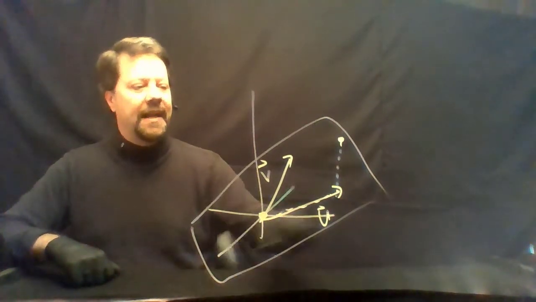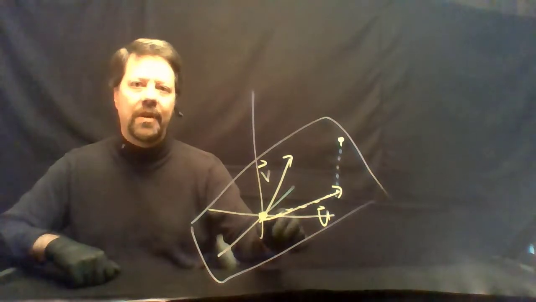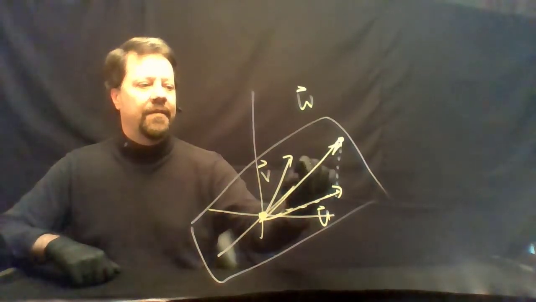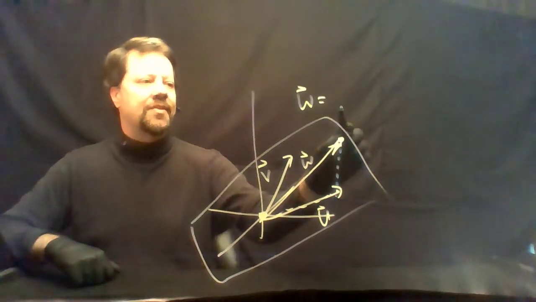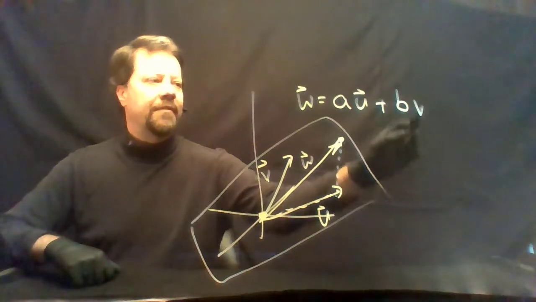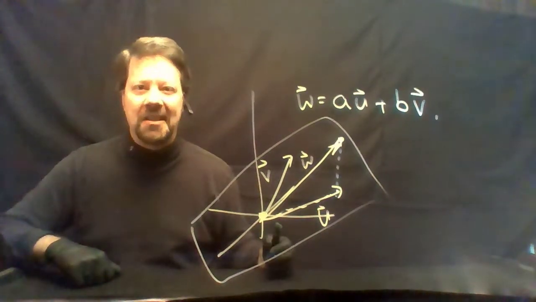In other words, every vector w in this plane going through the origin can be expressed as a multiple of u plus a multiple of v, a linear combination.